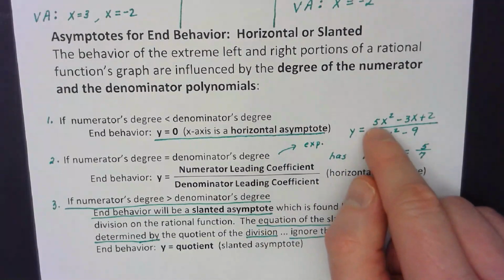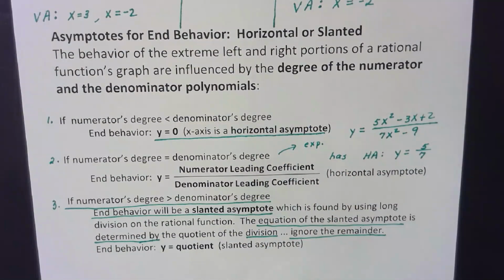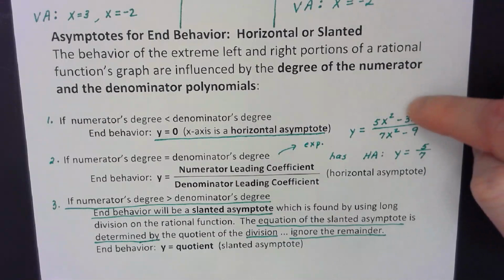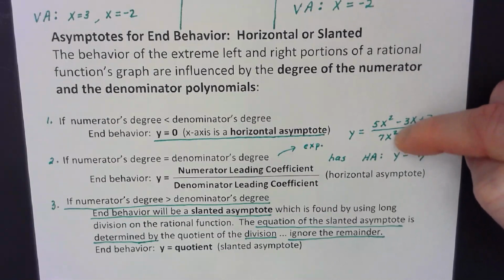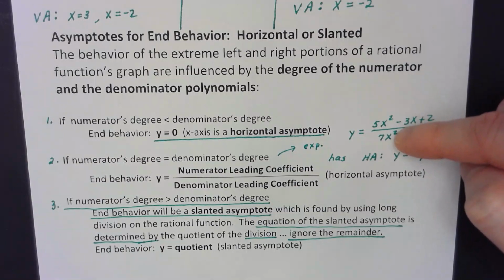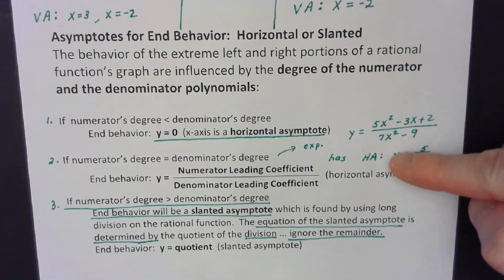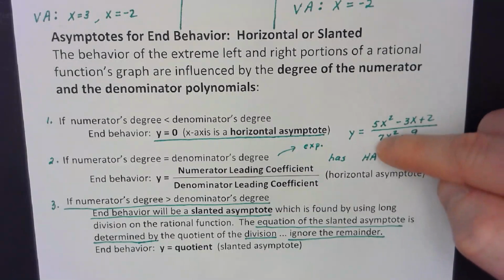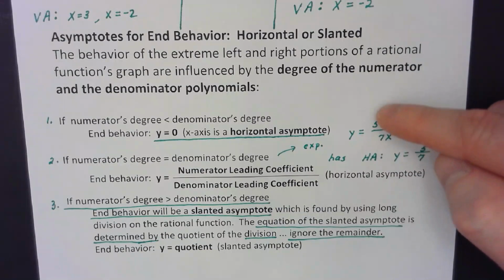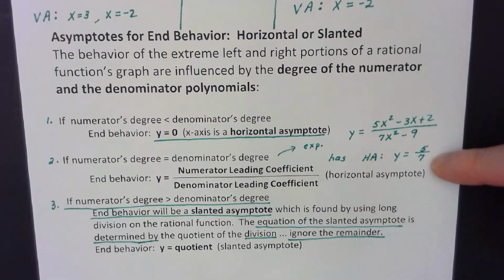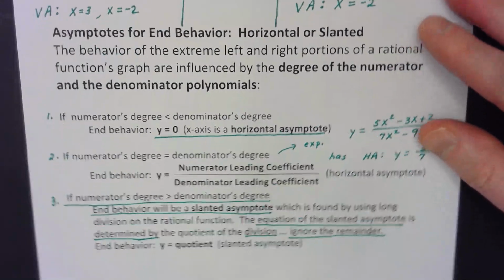So if I had the polynomial 5x squared minus 3x plus 2 over 7x squared minus 9, all I would need to do is recognize, hey, the degree of the numerator and denominator is the same. So where is my horizontal asymptote going to be? It's going to be at y equals the fraction of the leading coefficients. The leading coefficient of the numerator is 5, the denominator 7. That function will approach 5/7 as x goes to infinity or negative infinity.